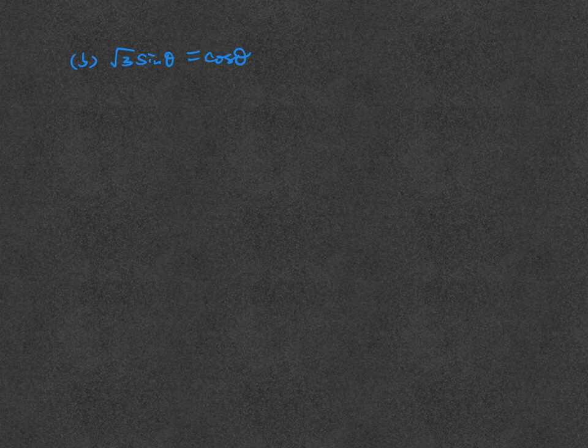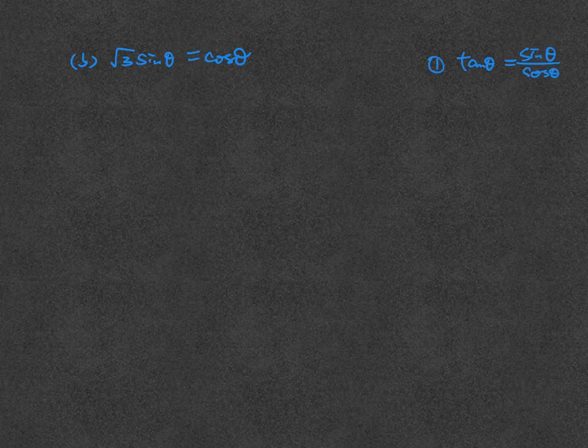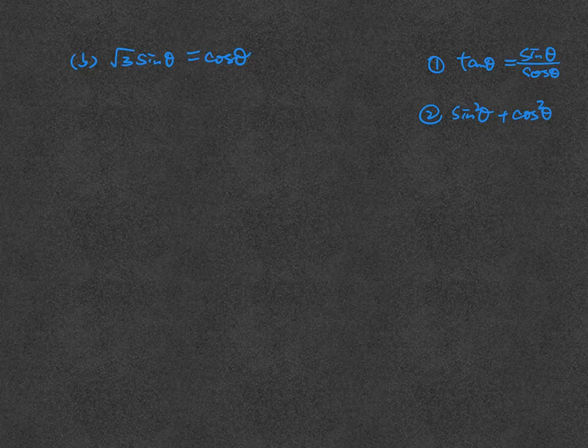One is if you have sine theta and cosine theta together, sometimes we try to change it into tangent theta by looking at the fraction. This is identity number one. The other situation would be when you have cosine square theta and sine square theta, we may put it as a 1 afterward. So let's go back to part B. Part B, as I mentioned before, if we have sine and cosine together, we try to make a fraction.